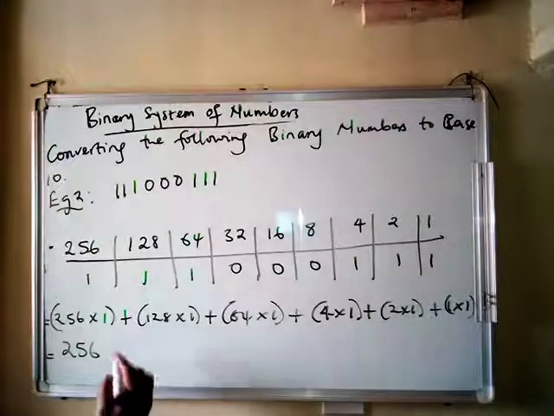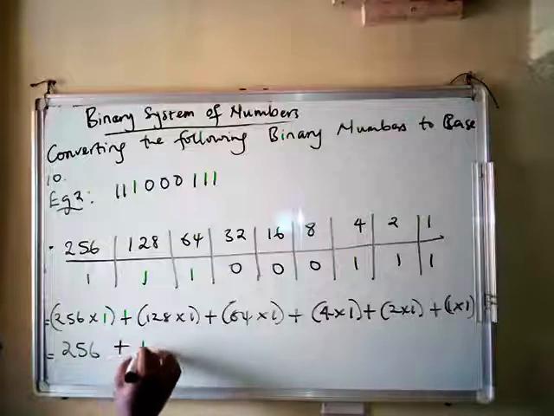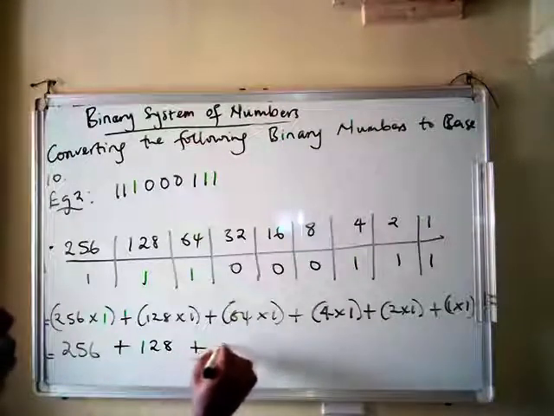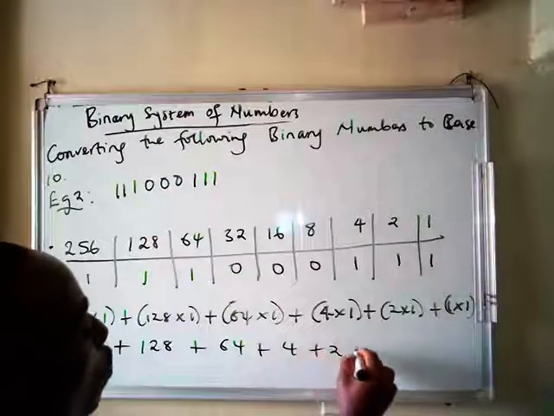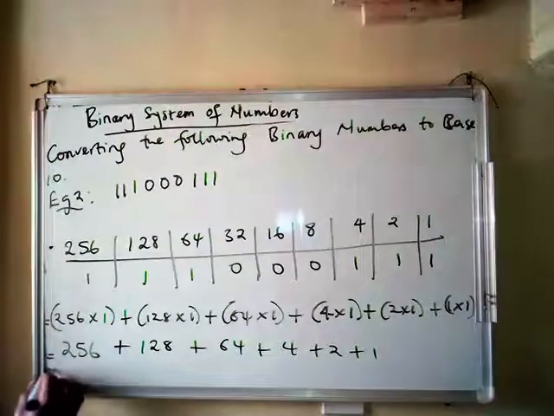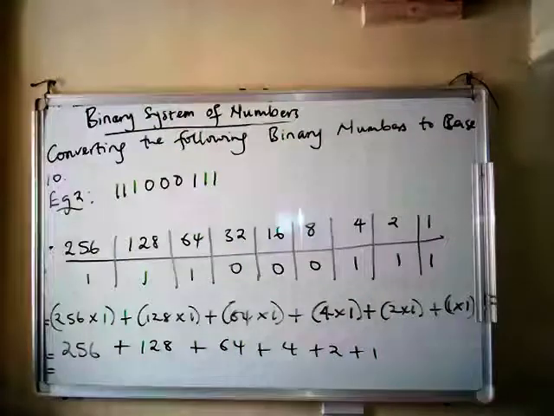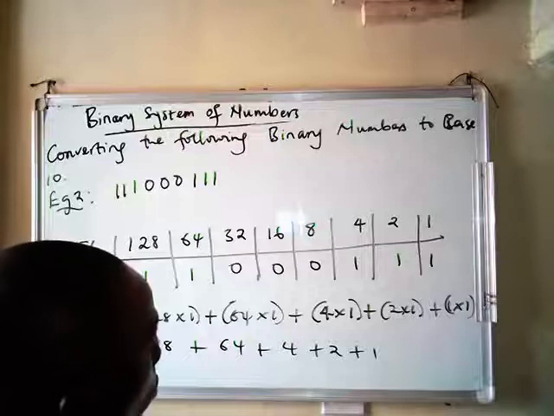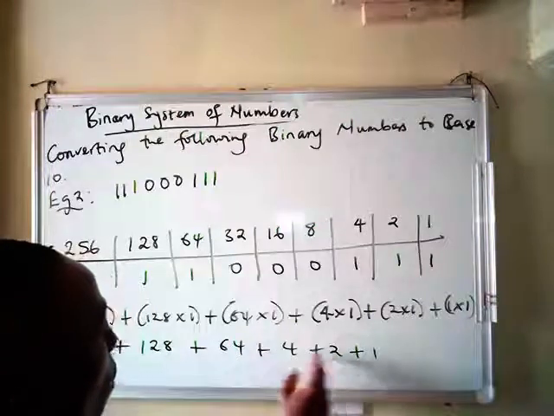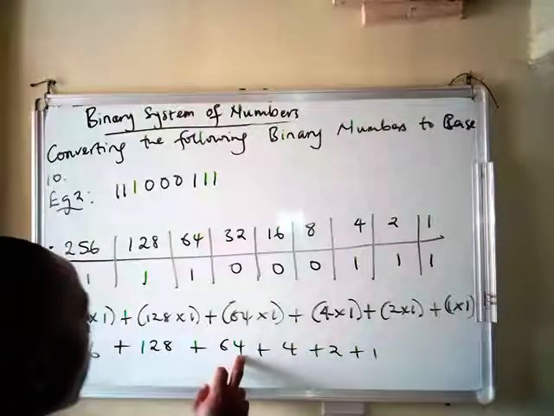So this becomes 256 times 1 plus 128 times 1 plus 64 times 1. There's no need for these ones, they are all zeros. If you add zeros to everything, you still get zeros. So don't add these that have zeros, leave them like that.